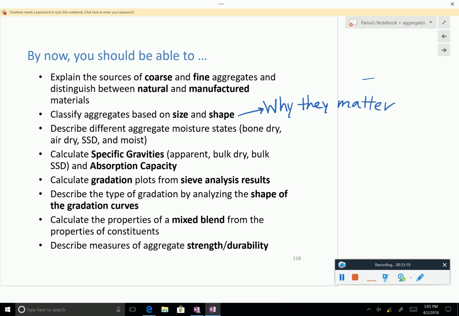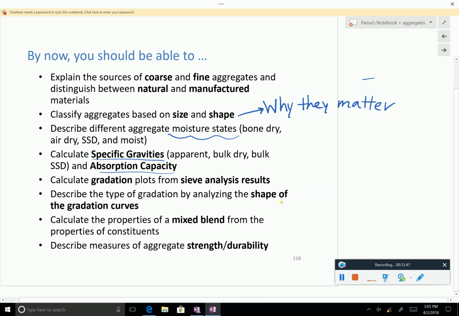This is a good way to know if you know everything in the packet very well. We talked about different moisture states. I hope you remember those diagrams, those cartoons: oven dry, air dry, saturated surface dry, and moist. Those are very important. How to calculate specific gravities and absorption capacity, this is what we learned last time.